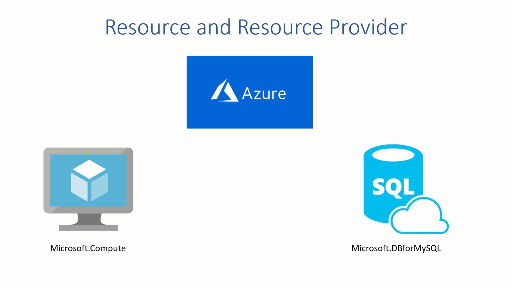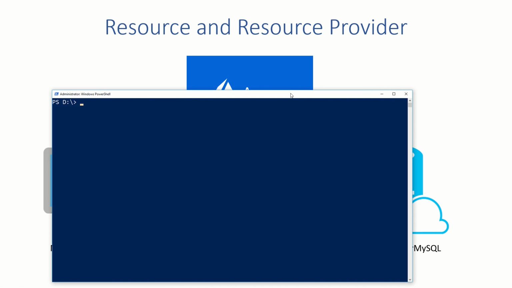Now, in order to get the list of all the resource providers, you can type a command in PowerShell, which I will be showing you. But before we move on and understand how things work, I will also show you how you can install a particular module which is required to do all this.